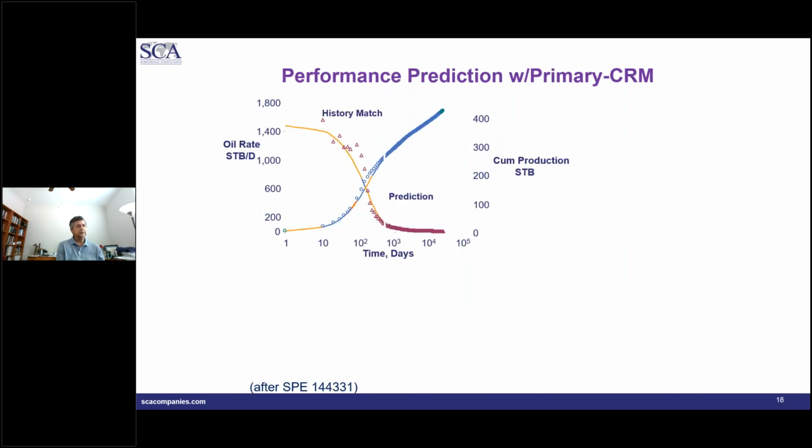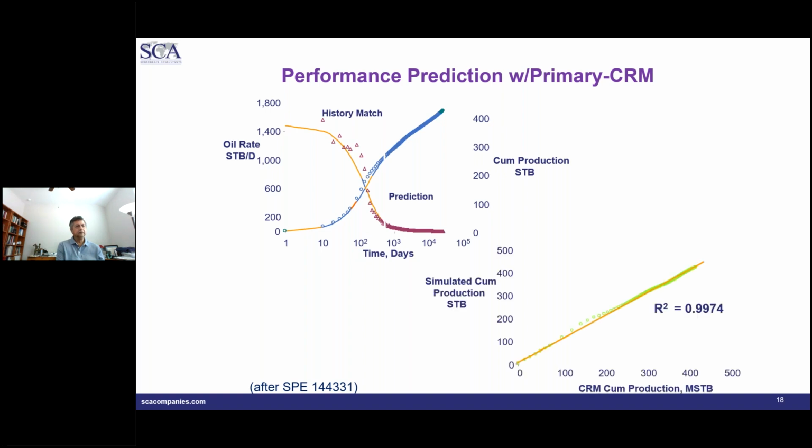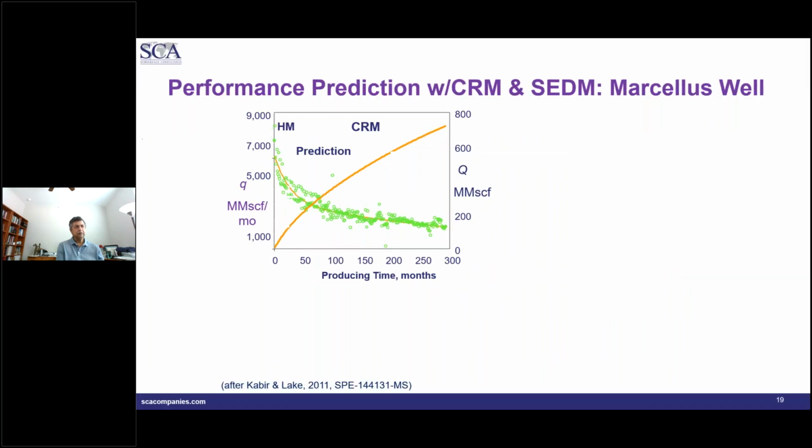So how did it work? We said, okay, we history matched part of it, and then forecasted, and the solution was, wow, okay, it is working. Sorry, the line went missing.